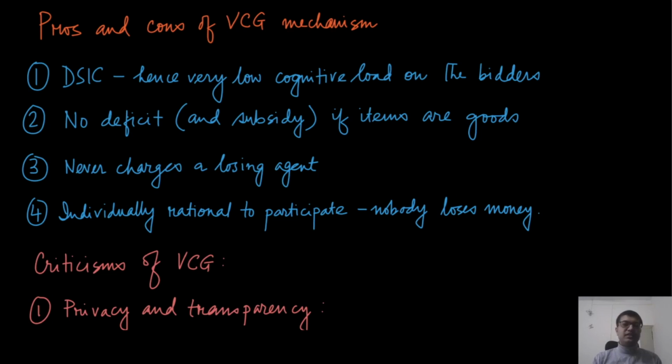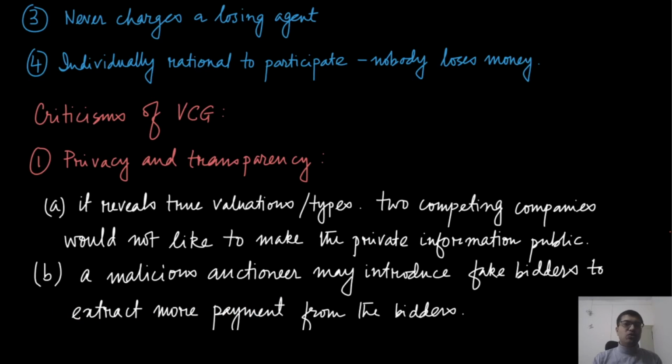So these are certain good properties of the VCG mechanism and partly the reason for its success. But still there are certain criticisms, and let's look at those one by one. One thing is about privacy and transparency. Of course it is very nice for the bidders who have a low cognitive load, but it actually reveals the valuations of the types. If you and your competitor are bidding for some object, you don't really want your values to be revealed to your competitors.